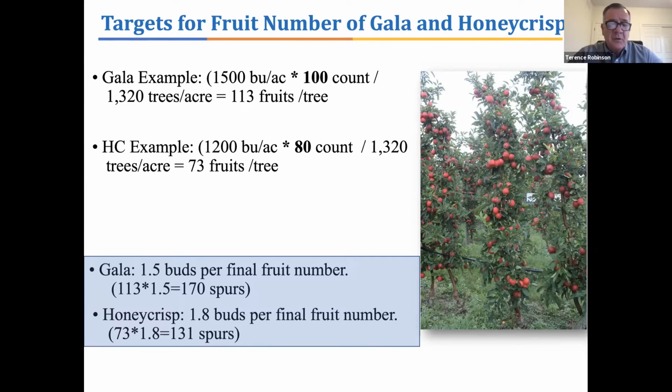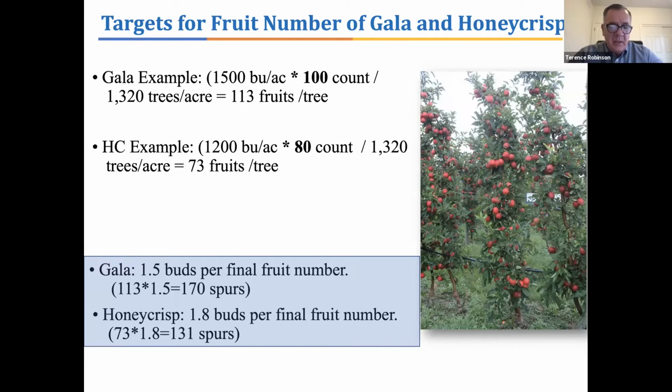It comes out at 131 flowering spurs. But if you leave more than 200 flowering spurs on a Honeycrisp tree, you're asking for trouble in biennial bearing. And so the more we get into this, the more I want you to focus on this issue of not having too many flowering spurs.